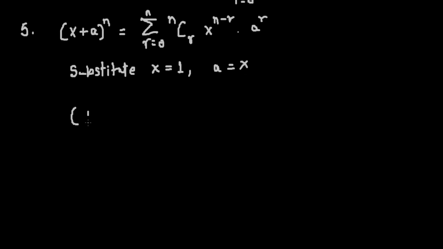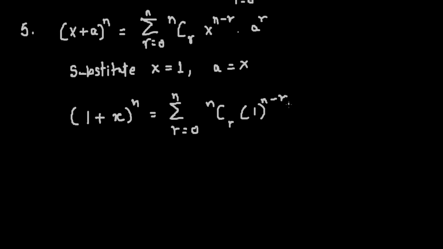Then this would look like (1 plus x) all raised to the power n equals the sum r equals 0 to n of nCr times 1 raised to the power of n minus r times x raised to the power r, which is equivalent to saying the summation r going from 0 to n of nCr.